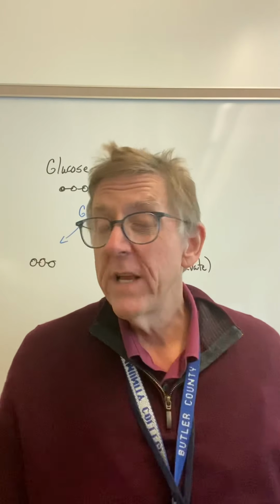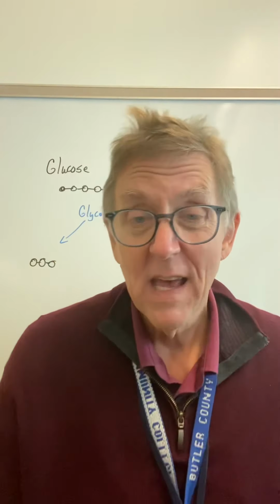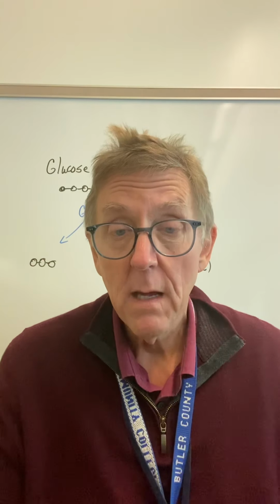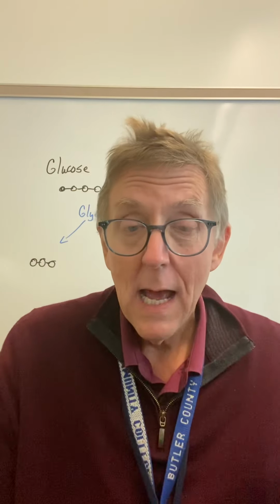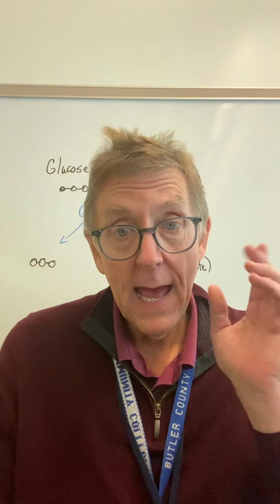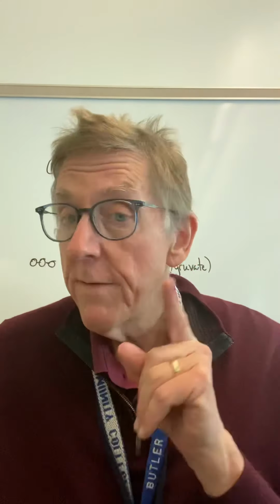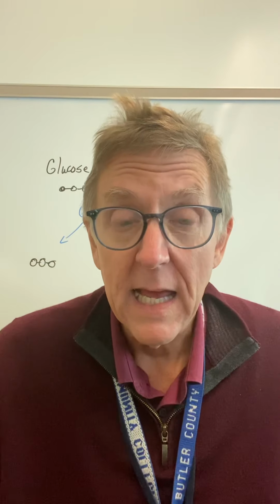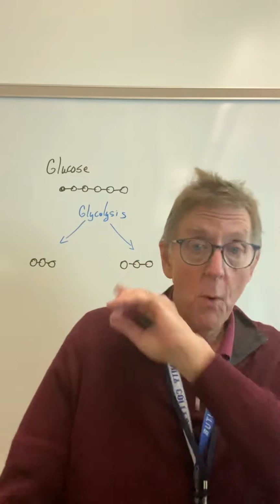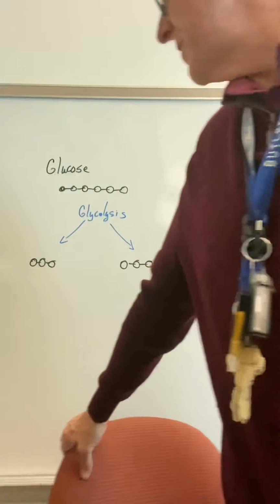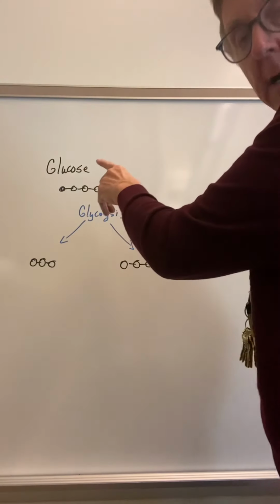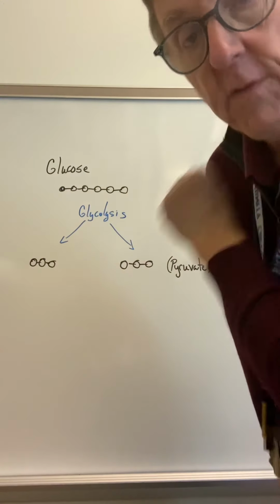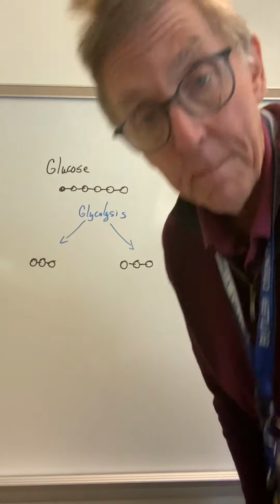So when we talk about glycolysis, this is the first step. And in my daily lecture, what I said was that glyco refers to glucose and lysis means breaking it. So look at our board here. The glucose is each of these black dots. 1, 2, 3, 4, 5, 6. Each of those black dots represents a carbon.